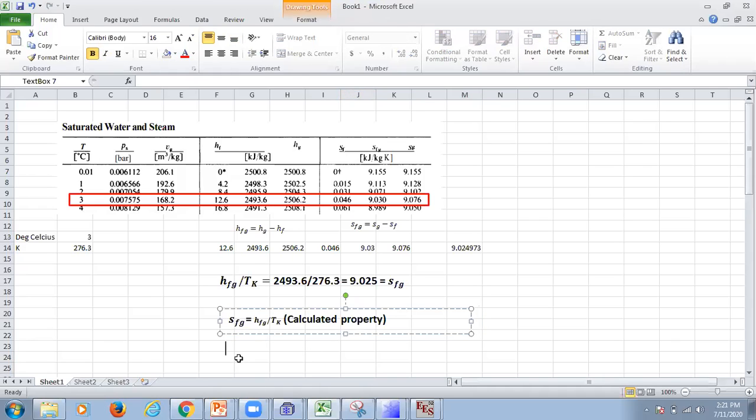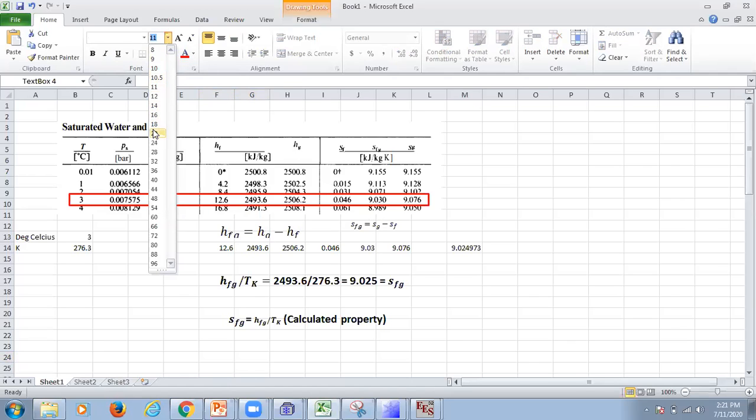It has a very useful application, but this is how sfg is calculated here in the table. And this is how the hg and hfg relationship appears in the table.